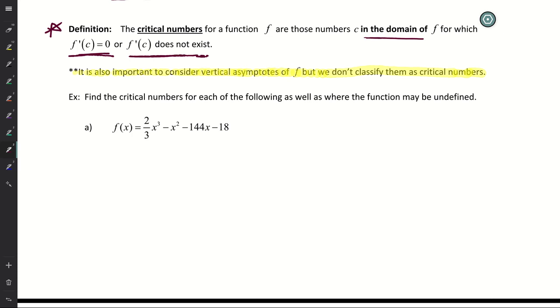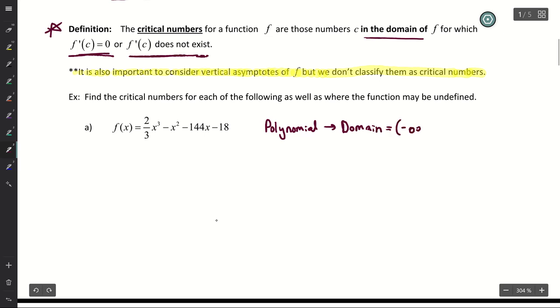We may have things like fractions in the front, like the 2/3 here as a coefficient, but it's not a power, so that's not concerning us. So this one is polynomial. And because it's polynomial, the domain is all real numbers. That means that when I'm looking for critical numbers, I'm not having to worry about possible numbers left out.